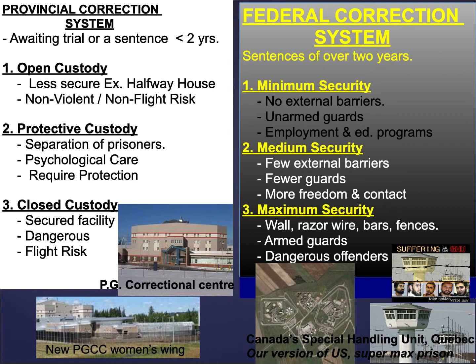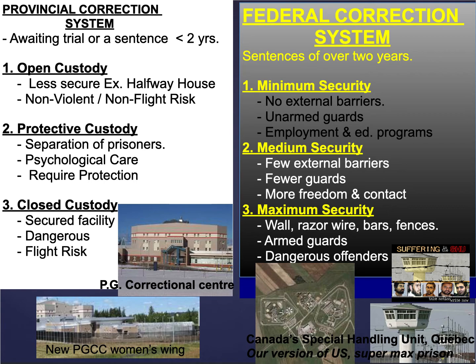When someone is in the provincial correctional system, say at the Prince George Correctional Center or the Prince George Community Center for women's side, they are there for give or take under 2 years, because they are either waiting for trial to occur, or awaiting their sentencing hearing back in court after being convicted.